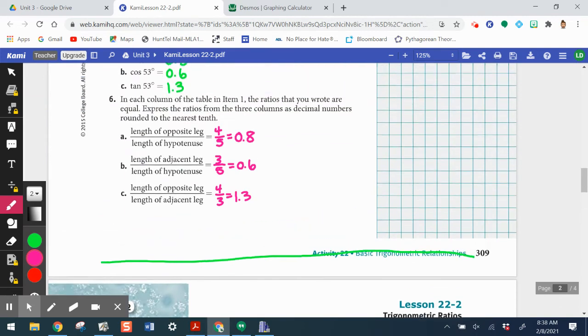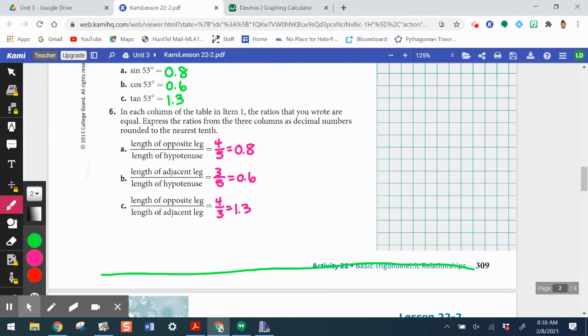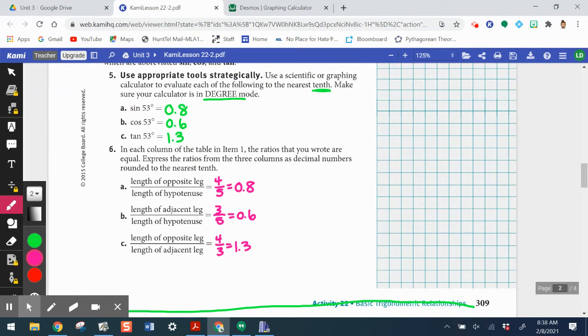So for example, or to explain this really, we know that the acute angle in our diagram is 53 degrees. So we're saying that the ratio that compares the opposite leg of that 53 degree angle to the hypotenuse of that 53 degree angle is the same as the sine of 53.